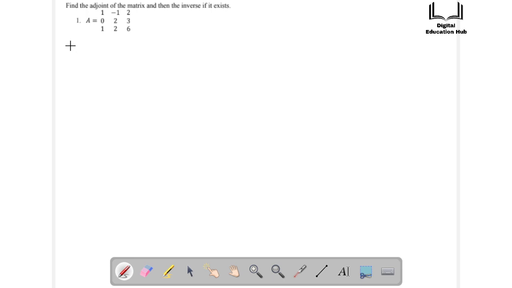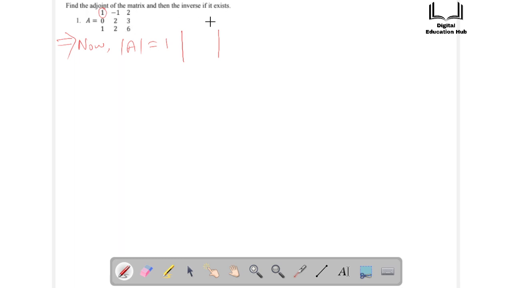To find out that, we are going to start with determinant finding. So now determinant of A is equal to, let's take this first number first. So this is 1. So 1 into its minor.